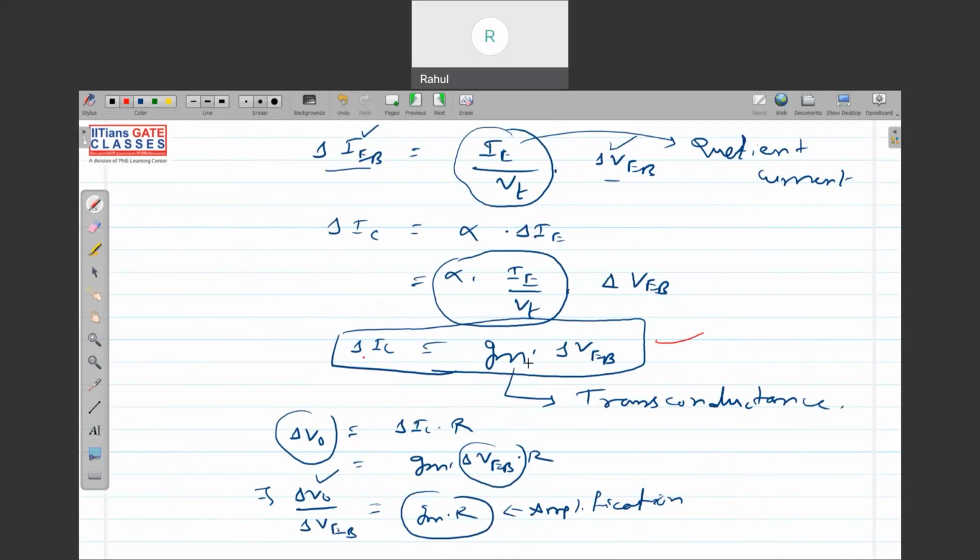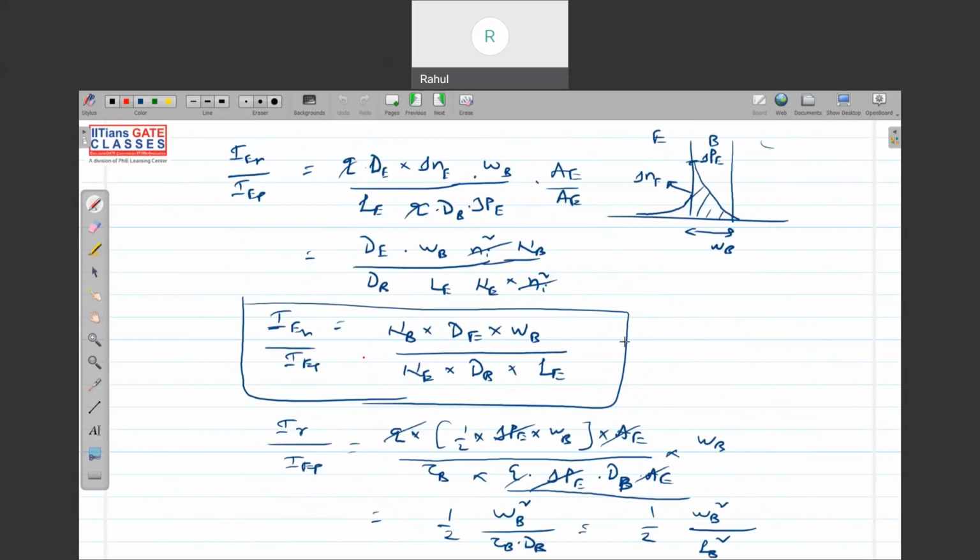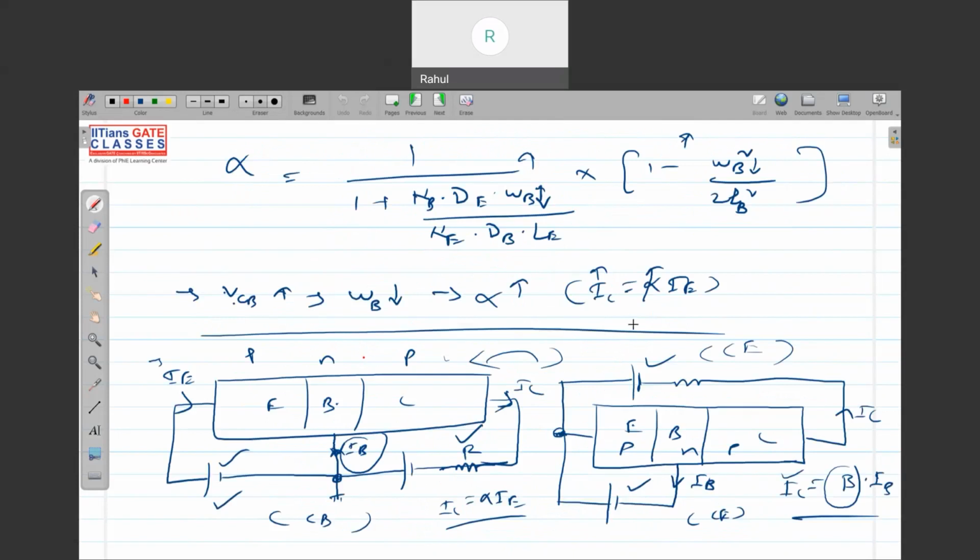The collector current changes linearly if VB is very small. Then we saw how amplification takes place. Then base width modulation. Then we derived an expression for the emitter current gain alpha, to appreciate why the current gain increases with base width modulation. Then we saw the common emitter configuration.